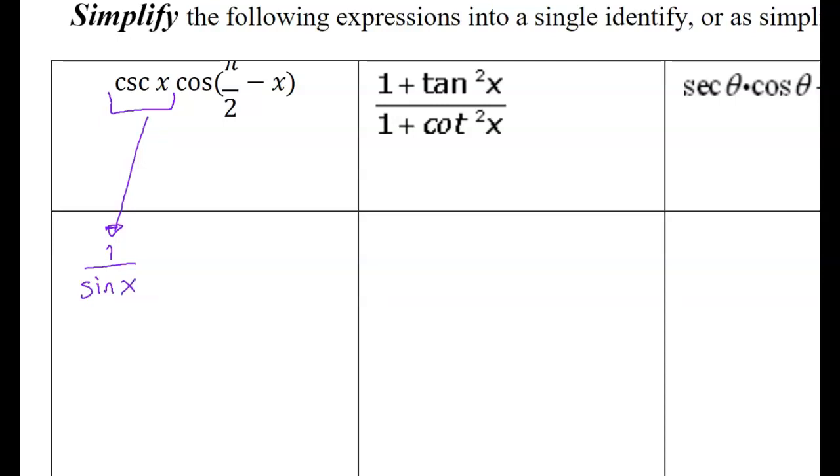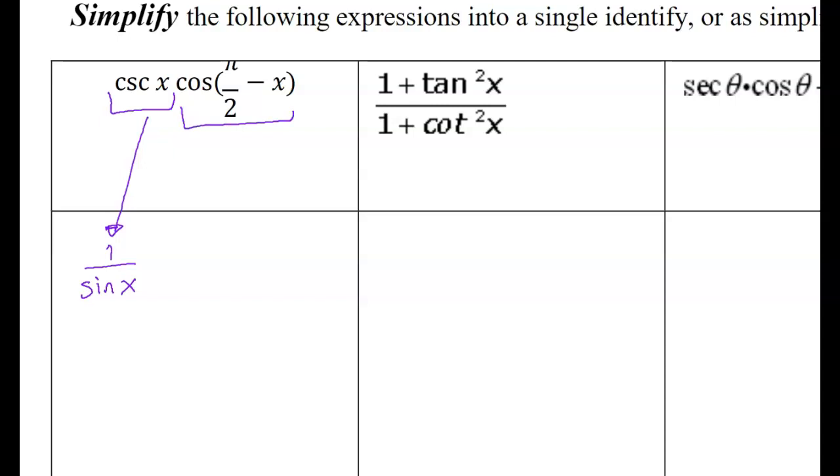If ever you're stuck in a trig identity problem, a go-to is to look for any reciprocal function and replace it with the original function. Now, we've simplified cosecant. This is next.